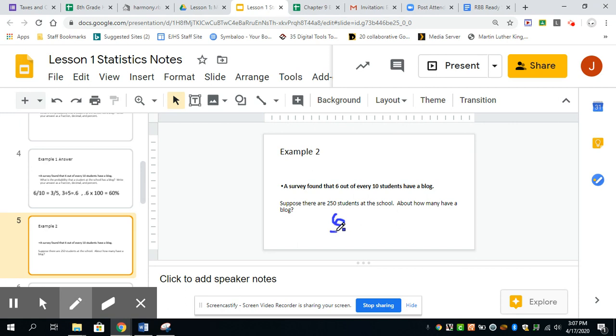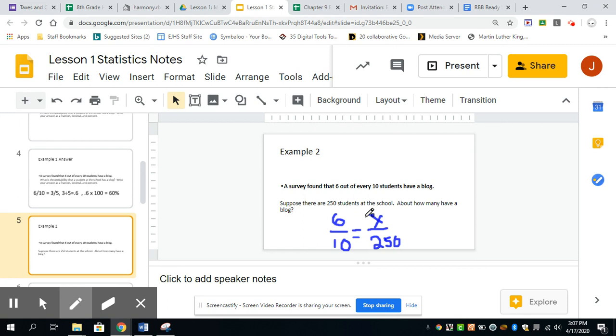So we could have 6 over 10 set equal to x, the part we do not know, out of 250. Because remember, not every student, not all 250, are going to have a blog. So we would do cross multiplication. That would end up being 6 times 250, and then we would divide by 6.